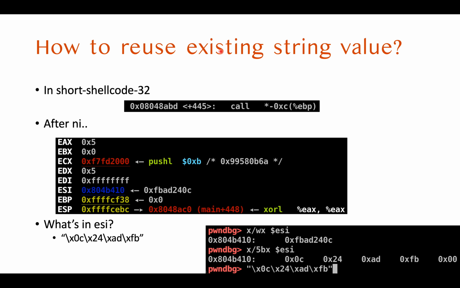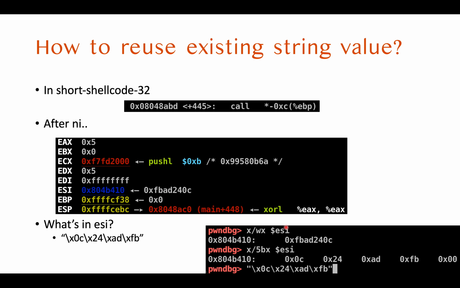Another way to reduce more bytes in short shellcode is to reuse some existing values in the registers and stack. One thing you can try is reusing some existing string value for the file name. For example, in short shellcode 32, if you break at the point where the shellcode starts running, you can see that ESI points to 0x804B410, and that stores the sum value.